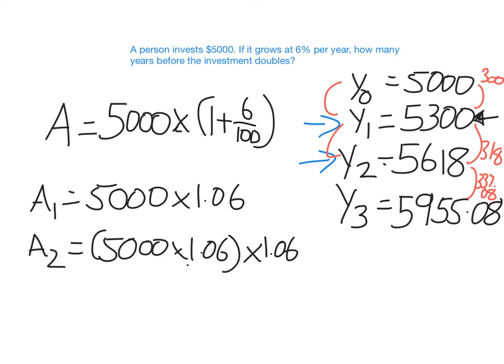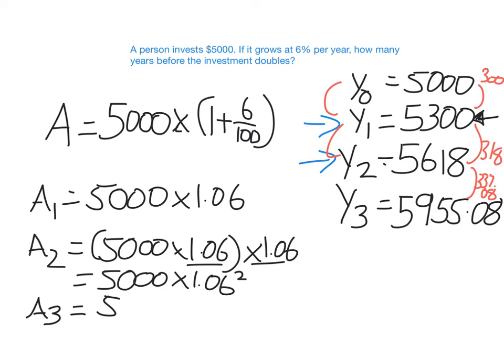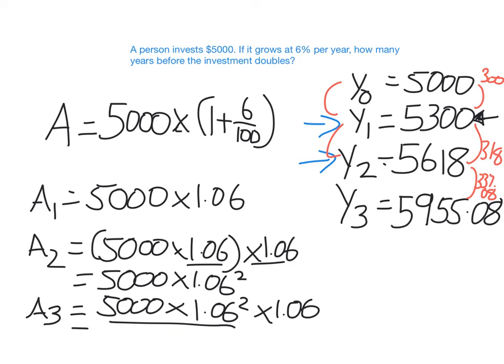But of course, the way I can write this, because there are two 1.06s, is 5,000 times 1.06 to the power of 2. Now, at the end of the third year, I'm taking the amount at the end of the second year and I'm multiplying by 1.06 again. And that is, of course, 5,000 times 1.06 to the power of 3.